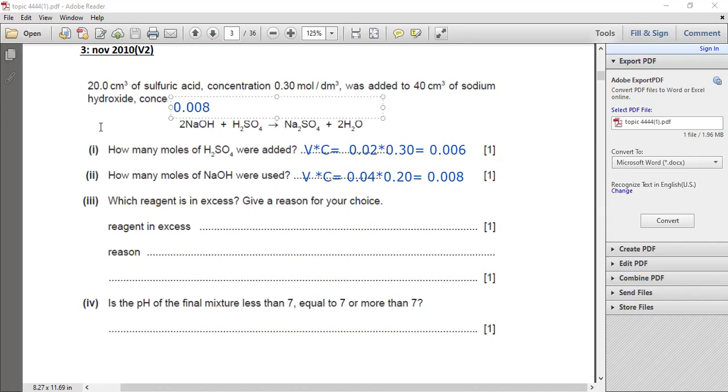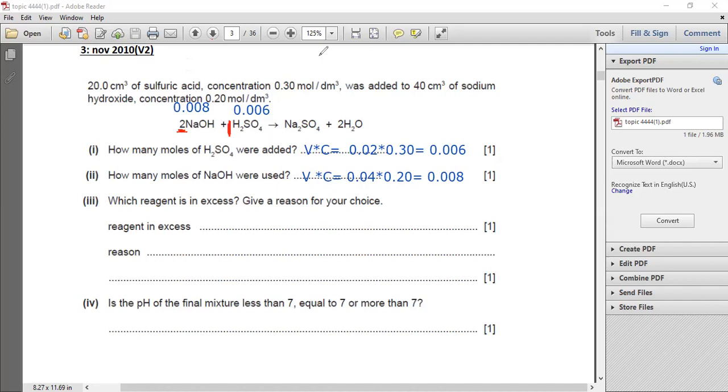Can you tell me what the mole-mole ratio is? According to the mole-mole ratio, H2SO4 is supposed to be half of sodium hydroxide. Here is 1, here is 2.